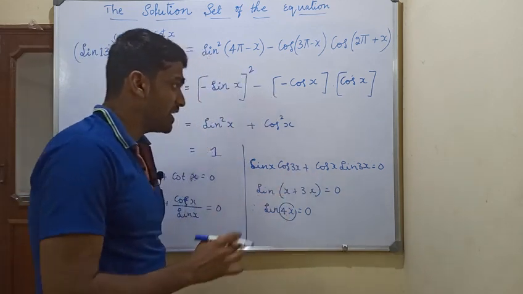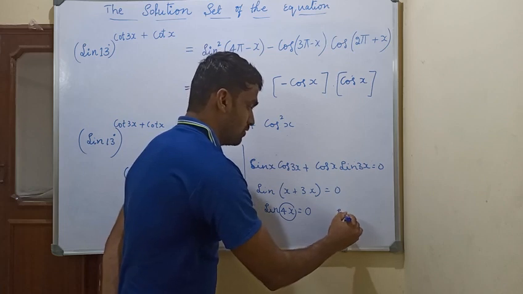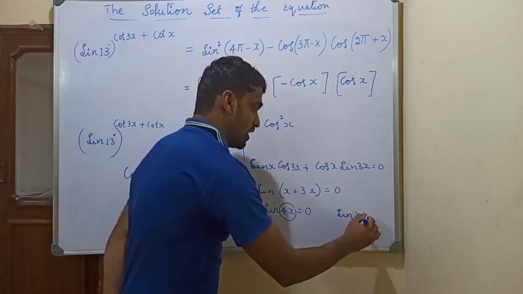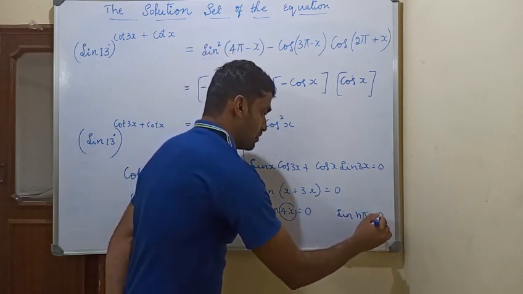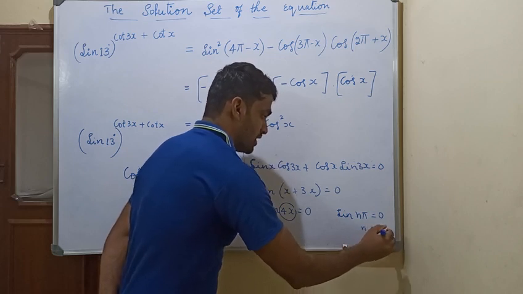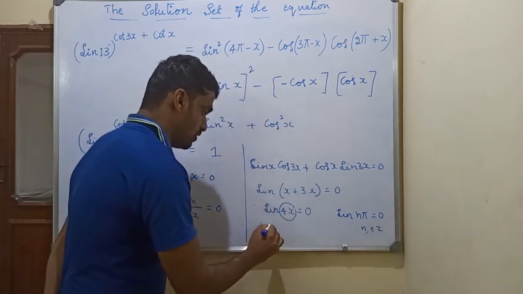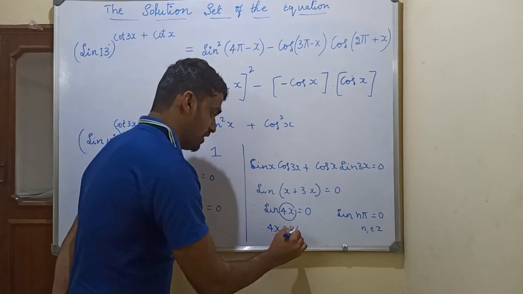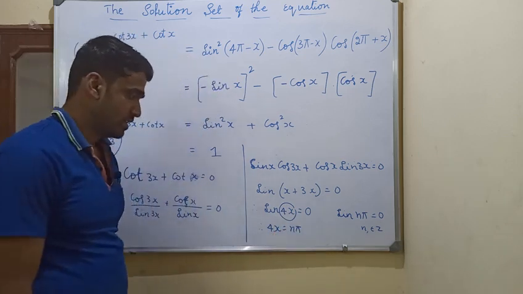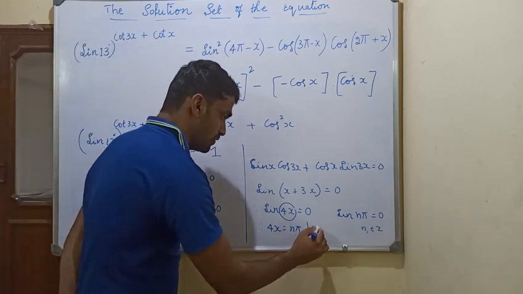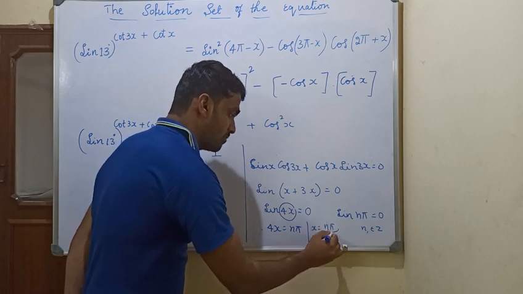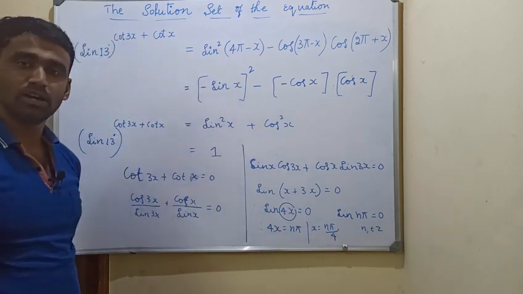We know that sin nπ is 0, where n belongs to Z. So 4x is equal to nπ, x is equal to nπ/4, where n belongs to Z.